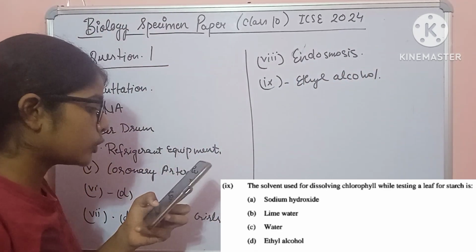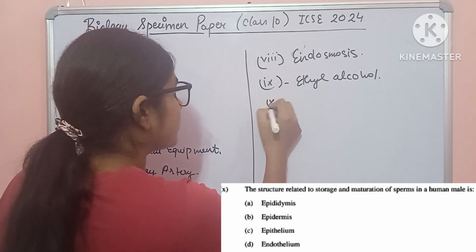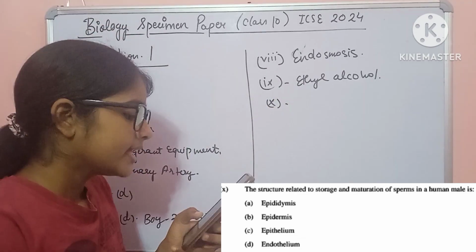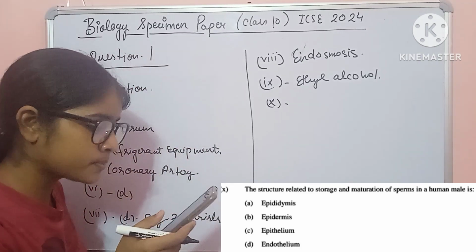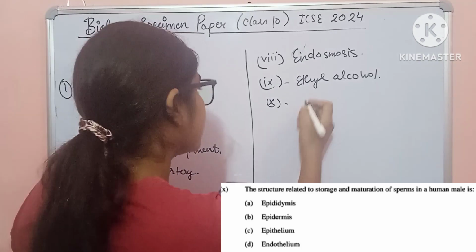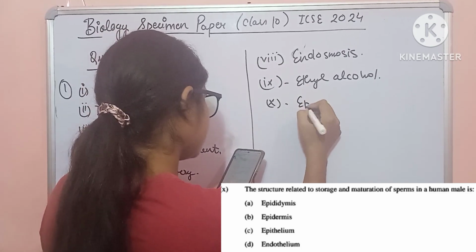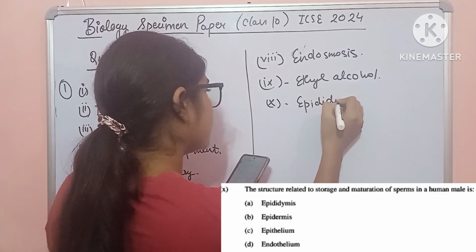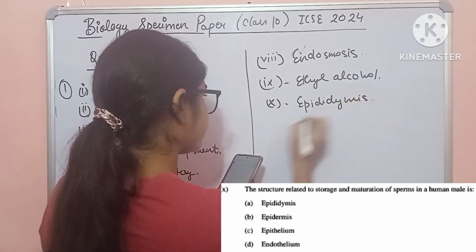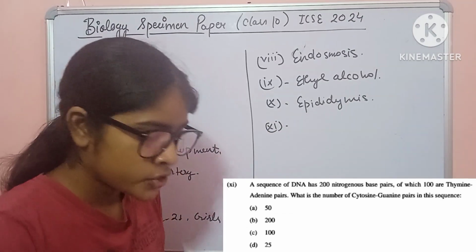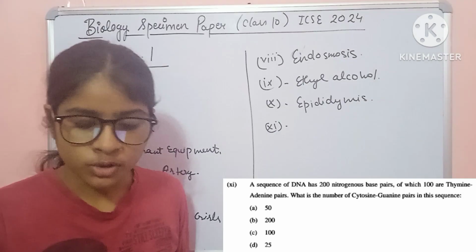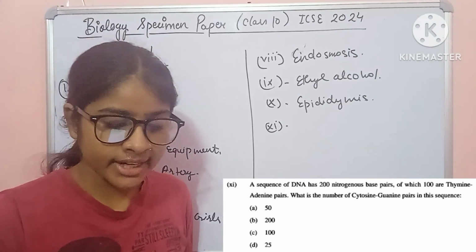that is C2H5OH. Now 10th. The structure related to storage and maturation of sperms in a human male is the epididymis. 11th part. A sequence of DNA has 200 nitrogenous base pairs, of which 100 are thymine-adenine pairs.